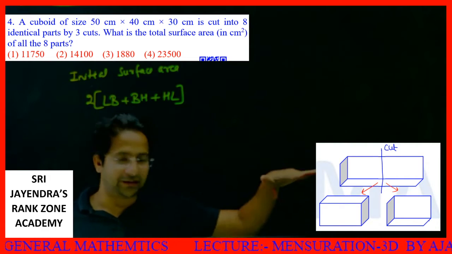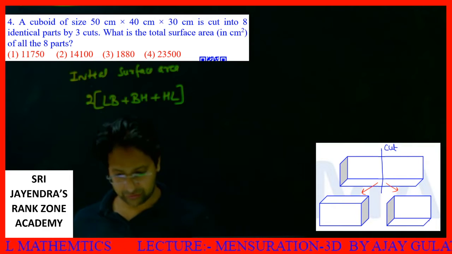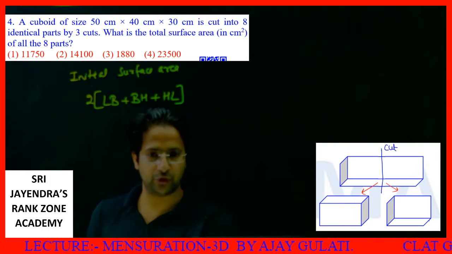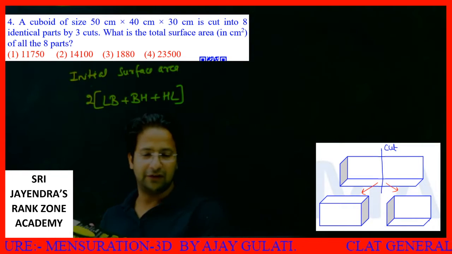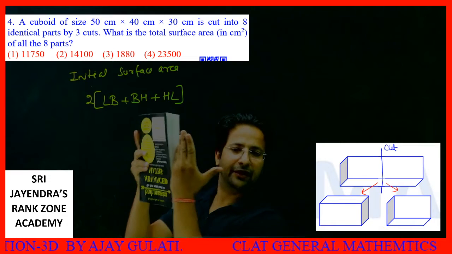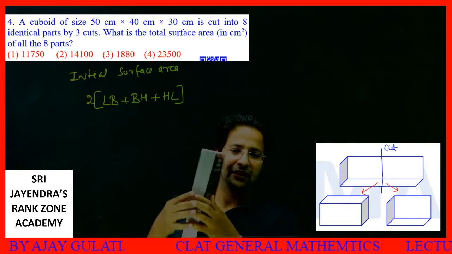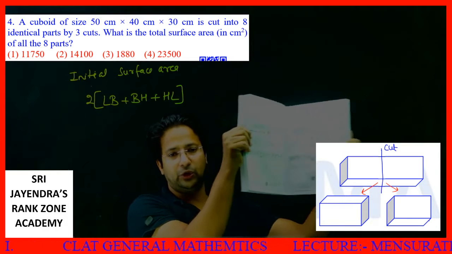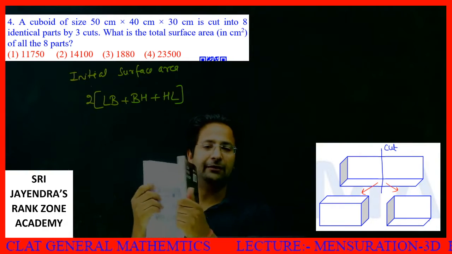When you cut it like this, we are making 3 cuts actually, students. When we are making 3 cuts, what's happening? I'll show it to you in detail. First of all, if I cut it from here in between, then I'll get 2 such more faces. What will be the dimension of this surface?